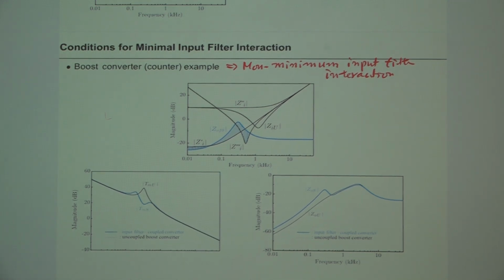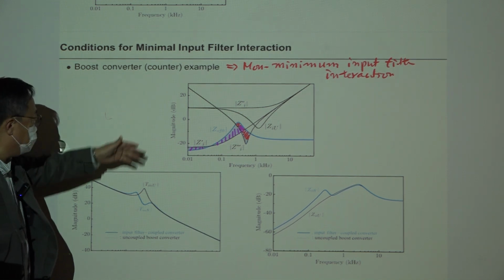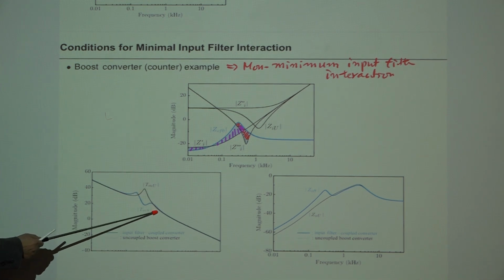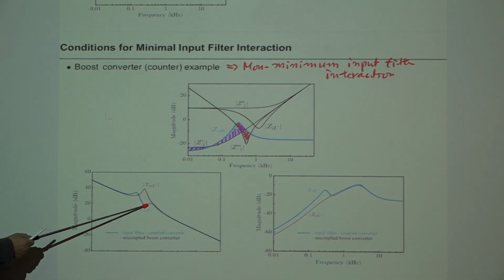So we have overlap here, this much, between the output impedance of the filter and this one. What is this one? This is GI prime. Okay? No, GI triple prime. And with GI prime, you have this much of impedance overlap. Okay, so you violate two of the required conditions, and the price of this is that the loop gain characteristic changes like this. This one is the uncoupled case, and this is the source coupled case, the filter coupled case.